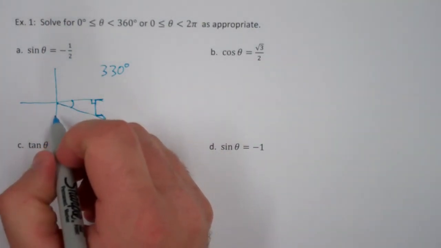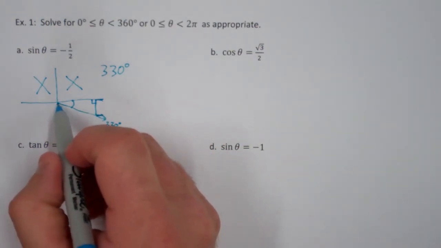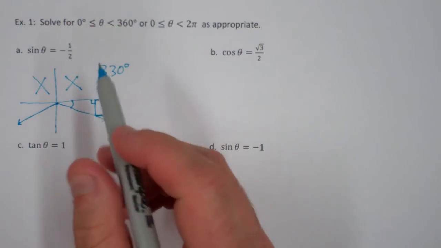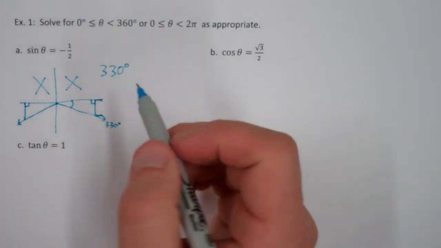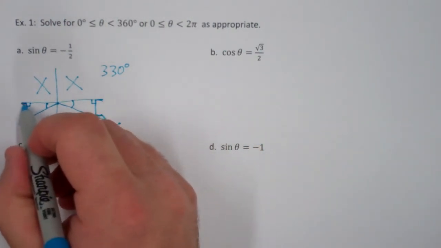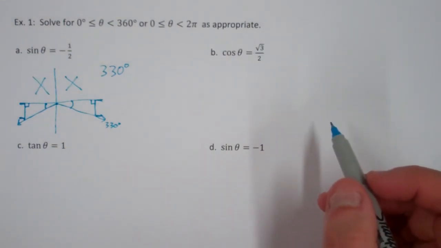We want the sine to be negative 1/2, so the sine is positive in quadrants 1 and 2. So we're going to look here in quadrant 3. In quadrant 3, we've got another angle that has the same reference angle, and that y value, or the opposite side of that triangle, is going to be the exact same thing.